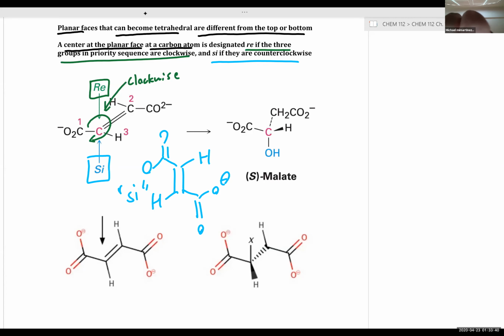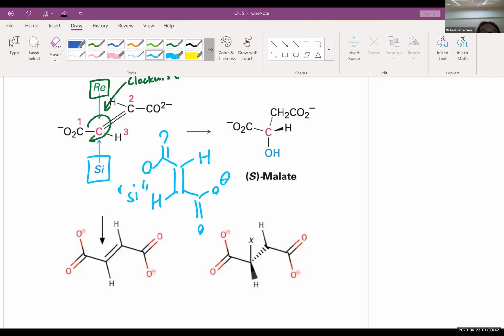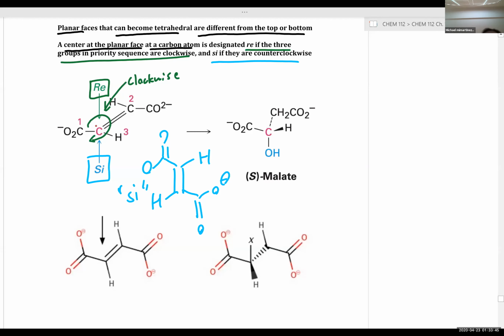Now, given our priority numbering, where we assigned our hydrogen as 3, this carboxylate as 1, and this other carbon as 2, if we look at our substituents arranged in order of priority, are they clockwise or counterclockwise?